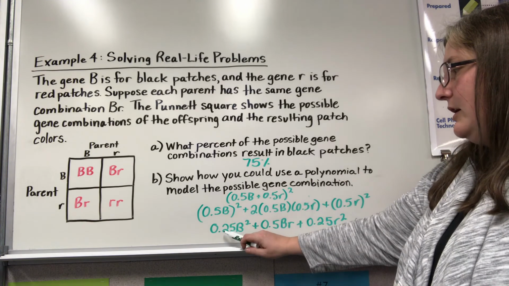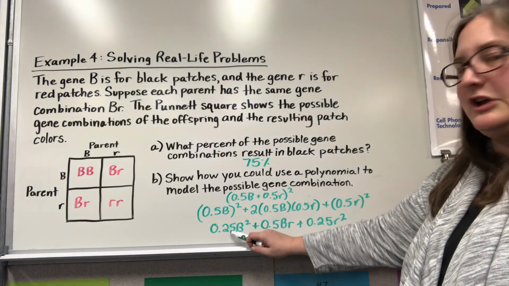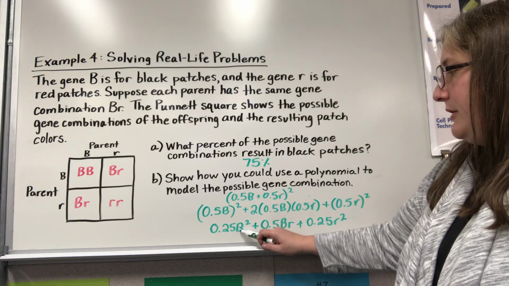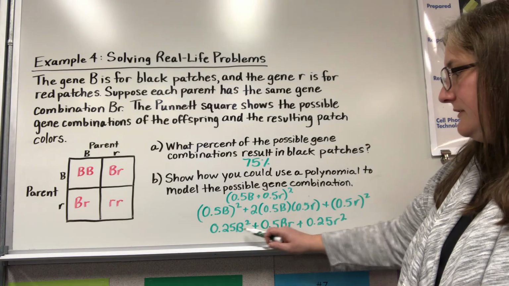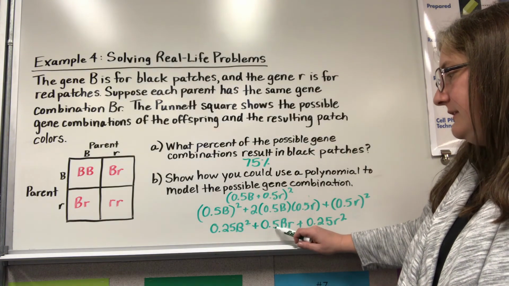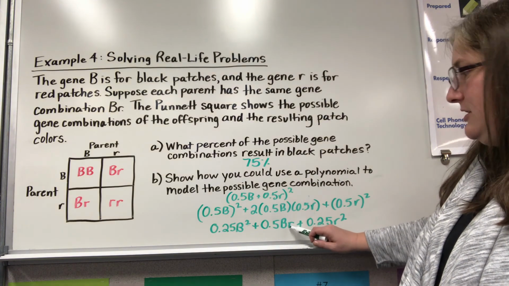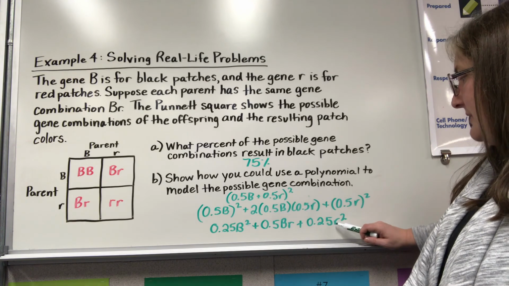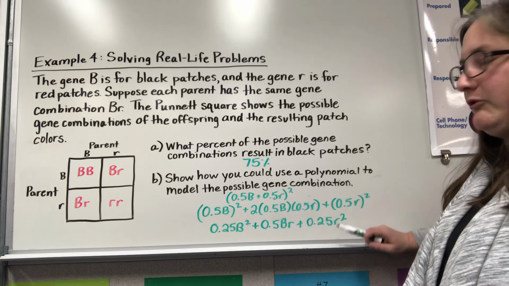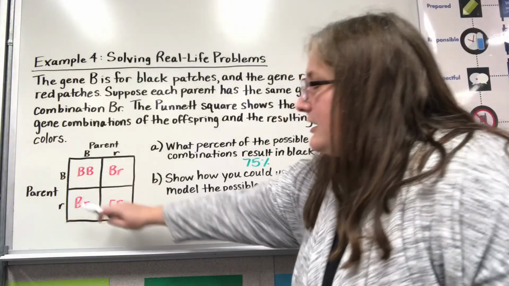So basically, we have a 25% chance here of getting the B squared, 2 large B genes. A 50% chance of getting a large B and an R gene in our dog, and a 25% chance of them getting the double R, R squared, which is exactly what we see in our Punnett square.